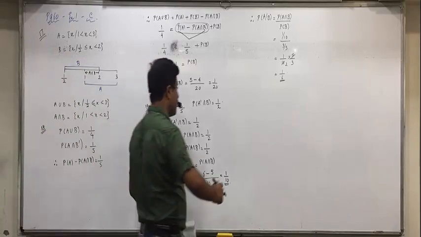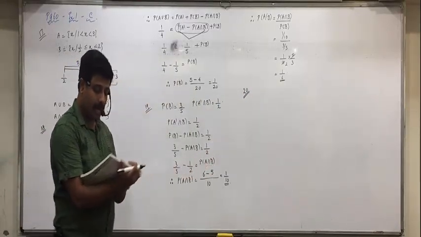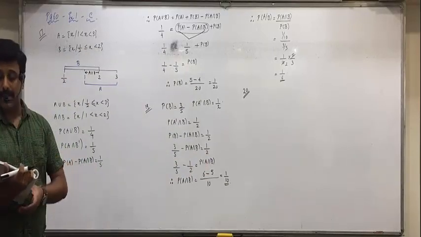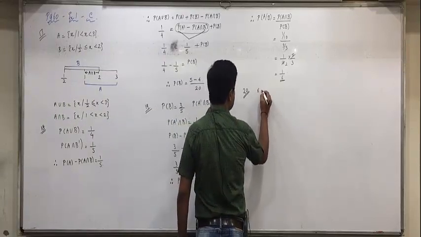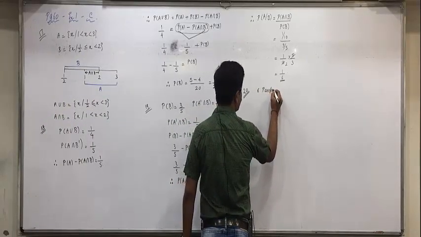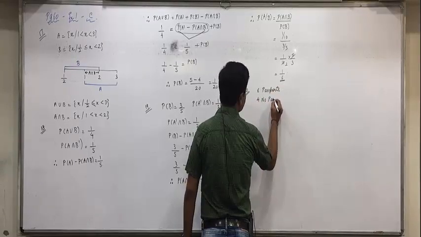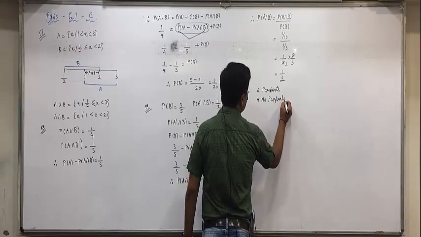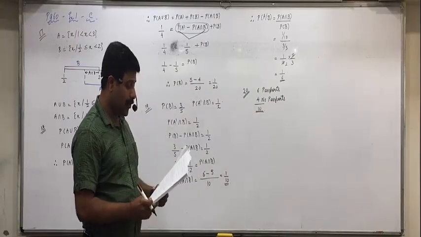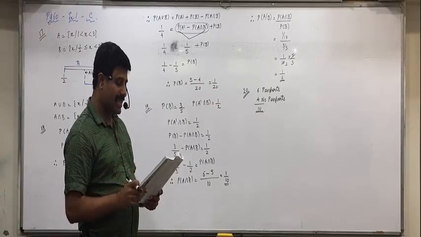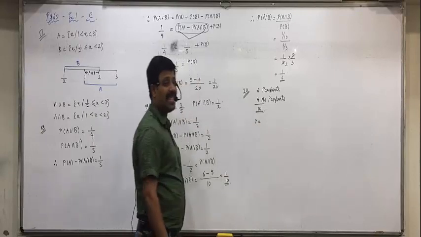Question 20. Six persons have passport in a group of 10 persons. 6 have passports, 4 don't have passports. Total 10. Now, if 3 persons are randomly selected from this group, 3 selected from 10.